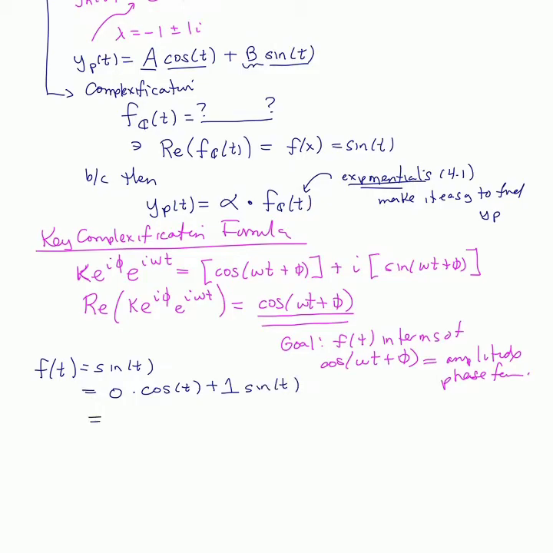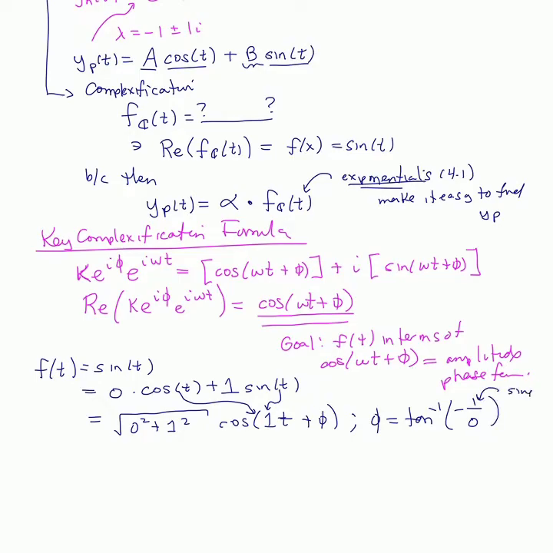When you put this into amplitude phase form, you get the square root of 0 squared plus 1 squared, times cosine of 1 times t plus phi, where 1 is the frequency, and the phase angle phi is the inverse tangent of negative c2 divided by c1, where c2 is the sine coefficient and 0 is the cosine coefficient.